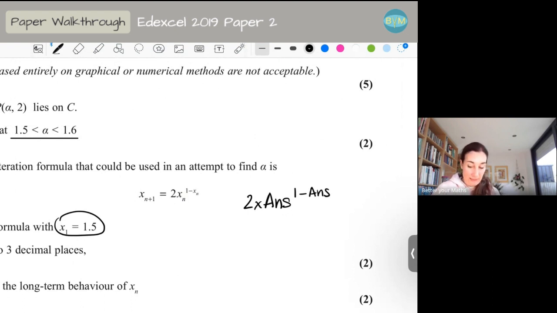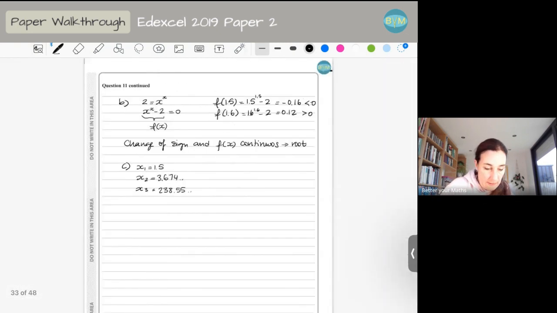So 1.5 is the first value. Then you do 2 times ans to the power of 1 minus ans. Yeah, it was growing very, very quickly. So the first value, I hope you get the same, and you are doing it with me, not just looking. 3.63299. The next one is 1.466.